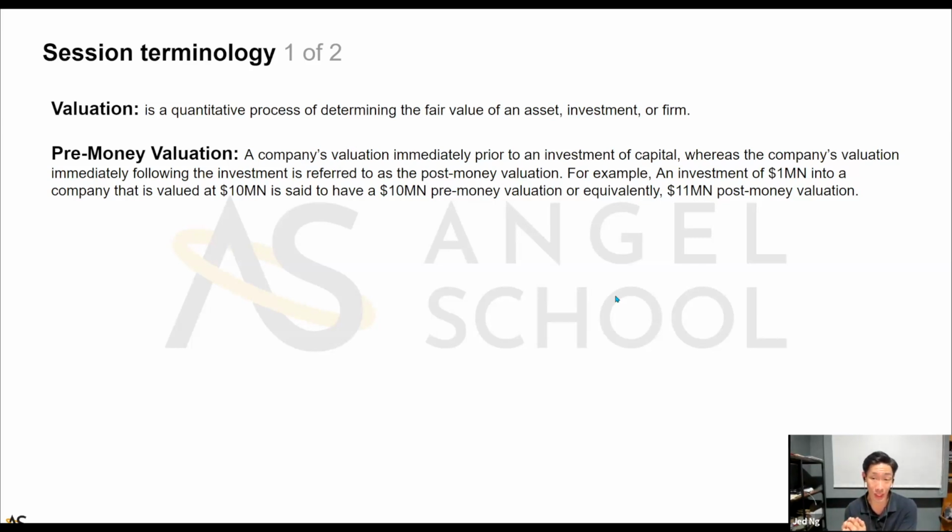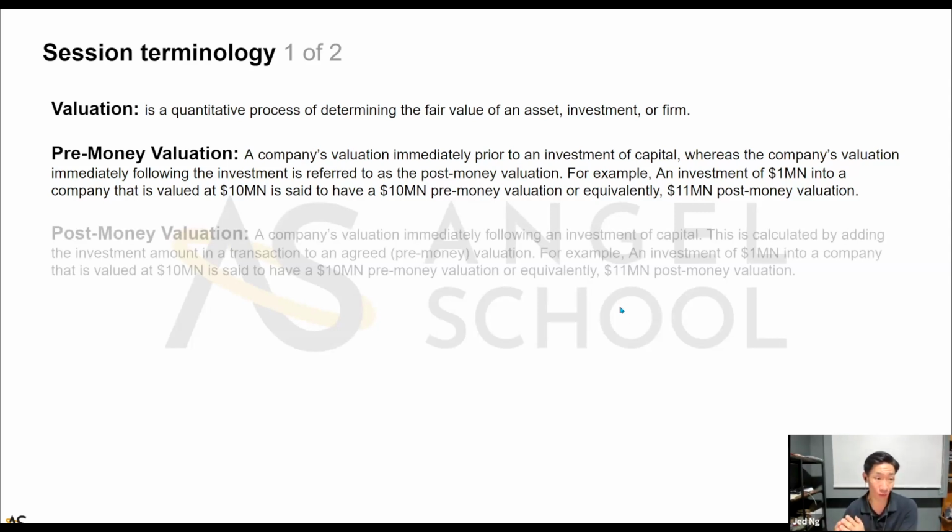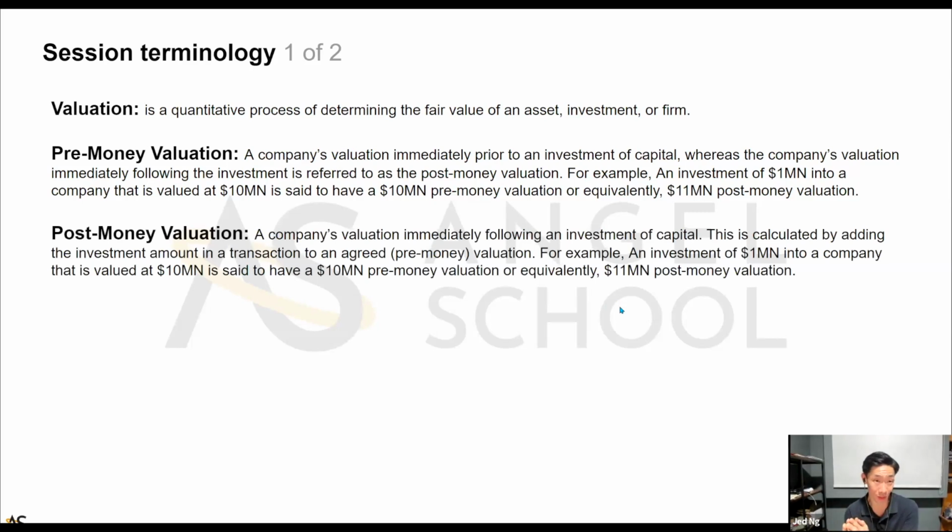And after they receive that $1 million of investment, they get a post-money valuation of $11 million. Okay, so to recap, a startup that's valued at $10 million today, after receiving $1 million, they get valued $10 million pre-money, $11 million post-money. So that's what the difference is. The point is here, if you ever hear the term valuation, make sure to be clear, are we talking about pre-money or post-money?